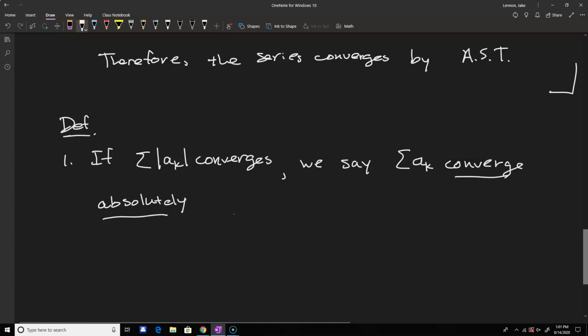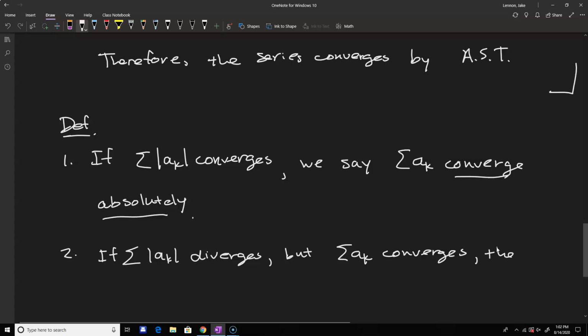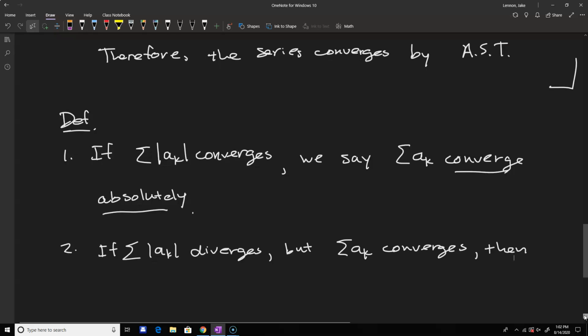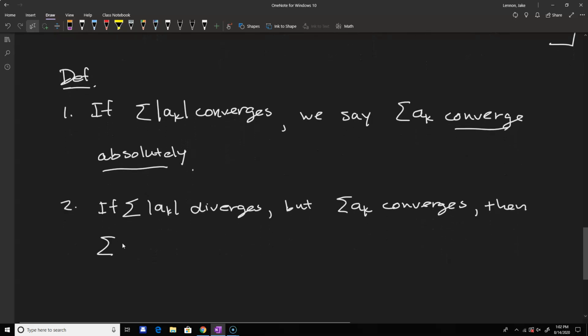But if your regular terms diverge, but the absolute value converges, so if the absolute value of these terms diverge, but maybe by the alternating series test the series converges, then we would say the series converges conditionally.